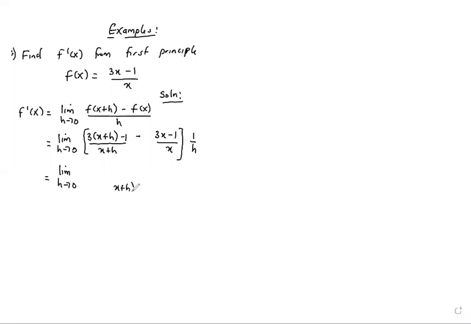Here is x plus h. x plus h in x plus h x, we'll get x and then multiplied by 3x plus 3h minus 1, minus x plus h multiplied by 3x minus 1, multiplied by 1 over h.